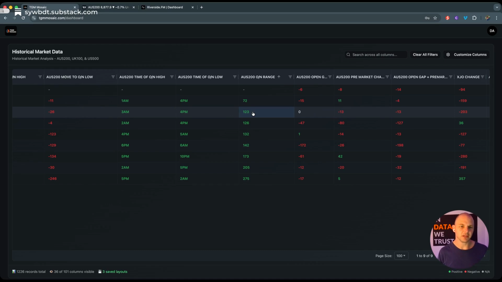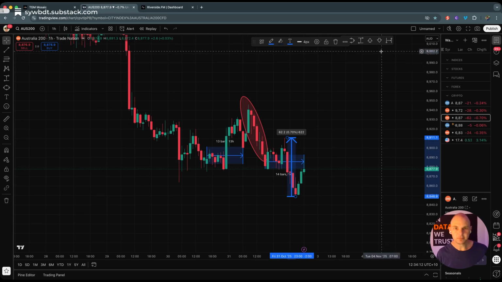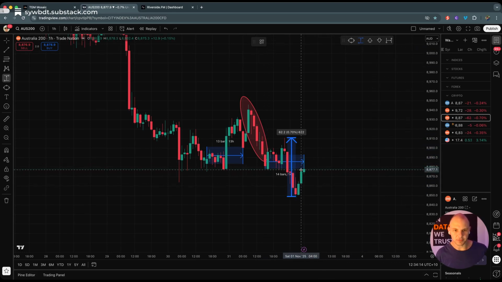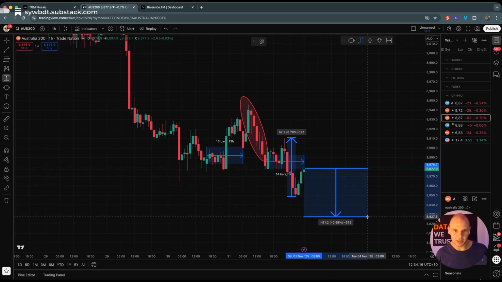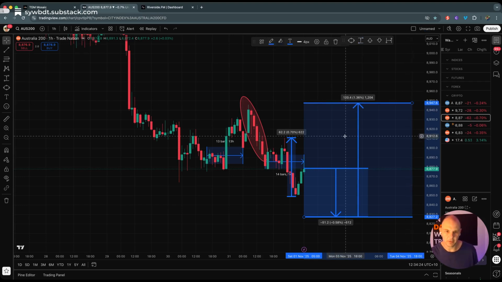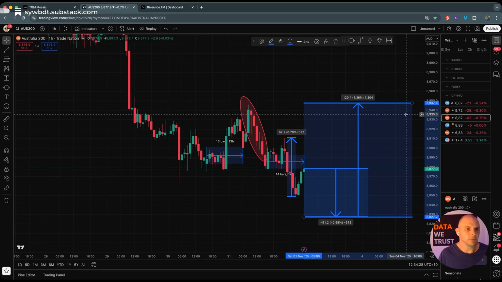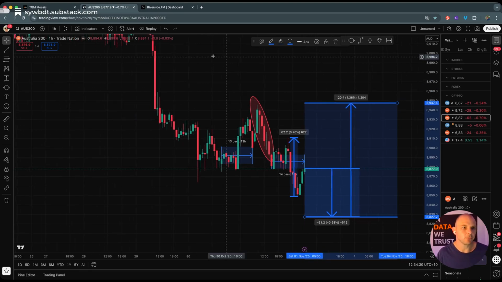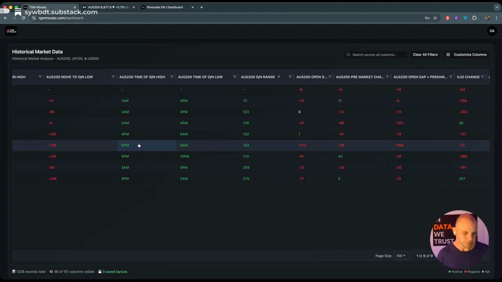You can pretty comfortably trade on the fact that, say we've dropped 50 points, the likely range is going to be, say, 120 minimum, excluding that one. So that's kind of where you might set your target around that point there, as an example.